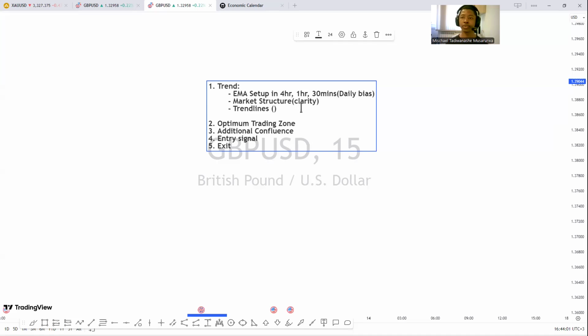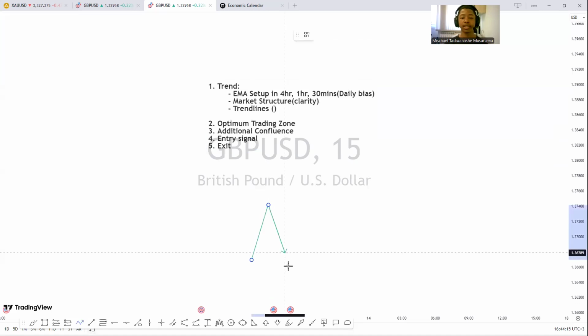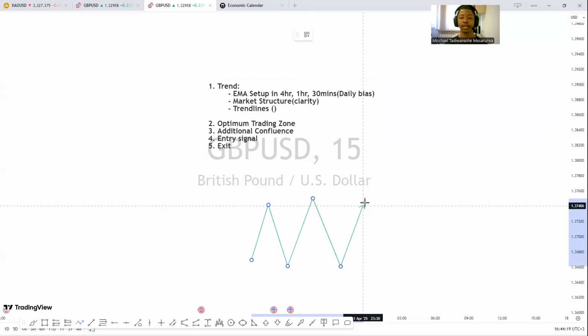I used also to trade consolidation, just waiting for when it goes to resistance and then target the support, because it will be a range. On ranging markets, or a consolidation market, they'll be moving something like this.